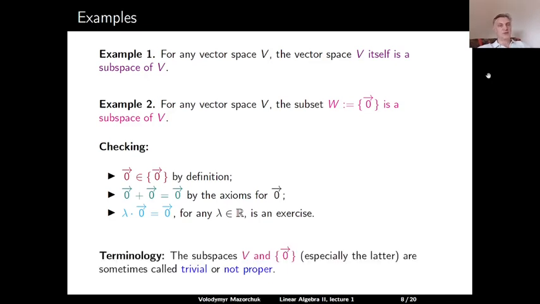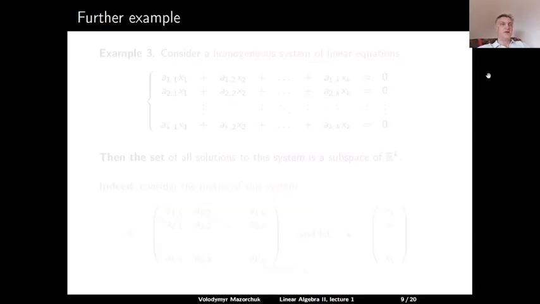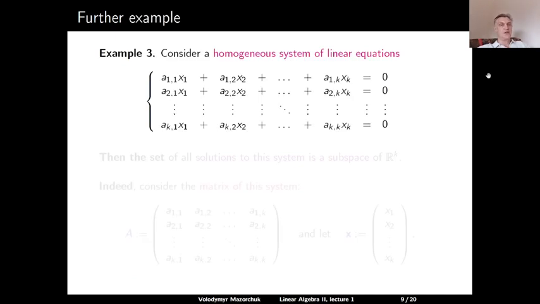These two examples of subspaces, the whole space and the zero subspace, are usually called trivial or not proper. This is especially applicable to the zero subspace of a vector space. Here are some further examples. Example 3, consider a homogeneous system of linear equations.